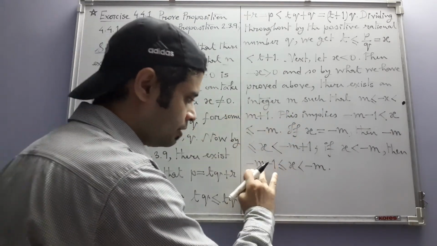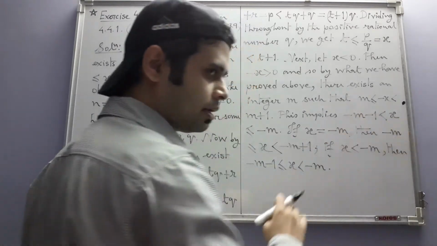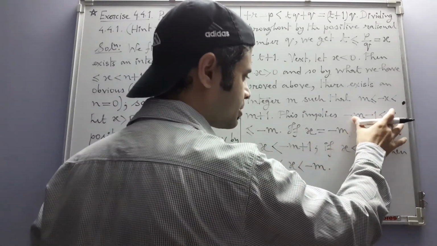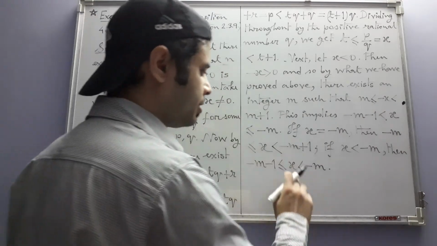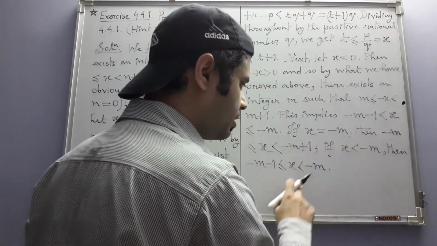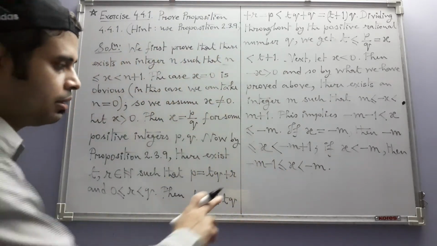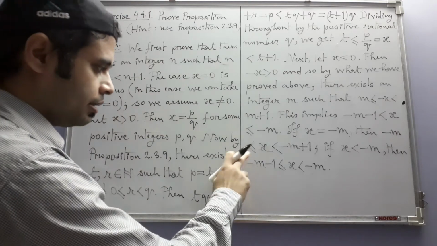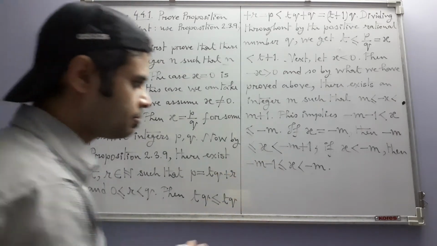This less than or equal to x does not imply this strictly less than x, but the direct implication is true. If the strict inequality is true, then this is also true, and x in this case is strictly less than minus m. So in this case also we have got an integer n for which these inequalities are true, and in our case now n is minus m minus 1.